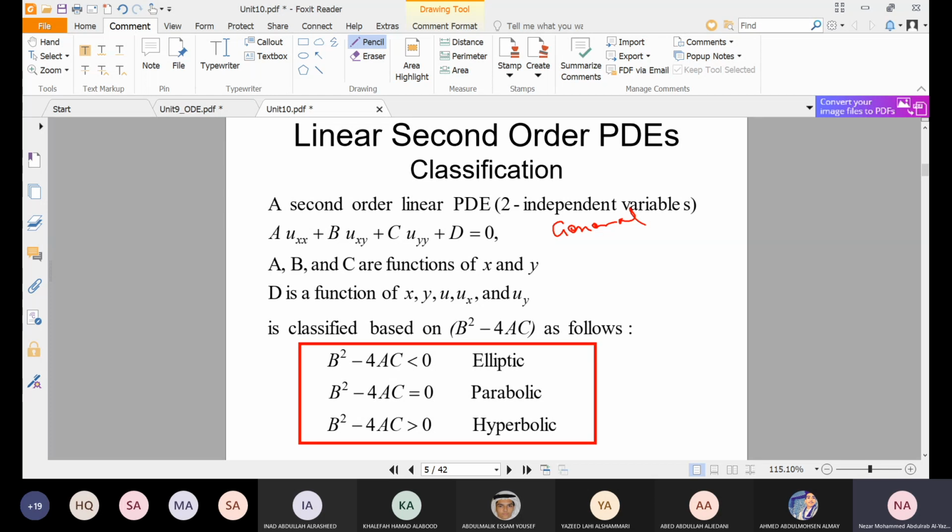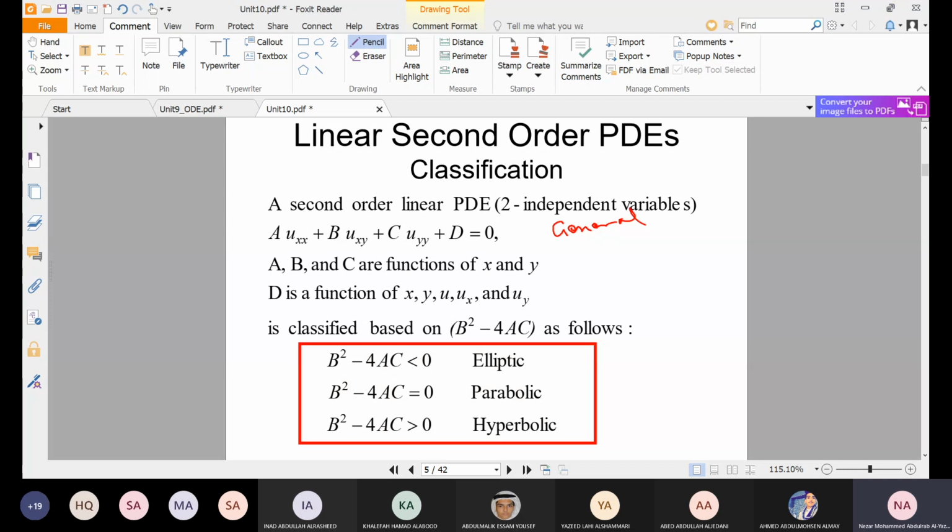If you know the general form of the PDE, you then determine the values of a, b, c, d, which are the coefficients. If the value is less than 0, it is easy to classify.